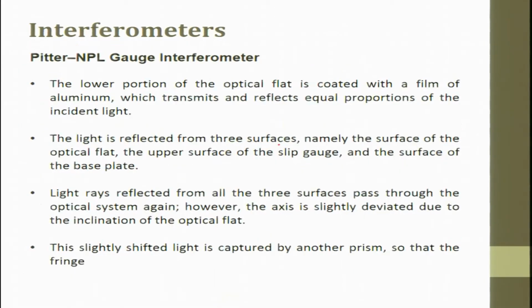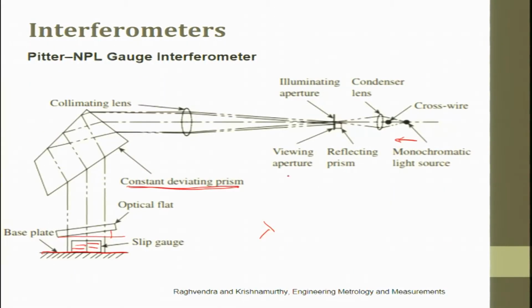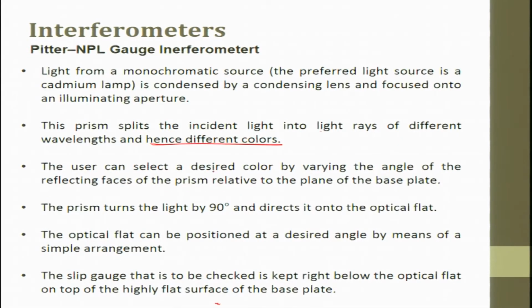If you look back here, this is what we are talking about: the reflecting prism, and this prism here. Two prisms. White light passed through a prism can be divided into various wavelengths, varying from 400 nanometers to 700 nanometers. So you have several colors of your choice.